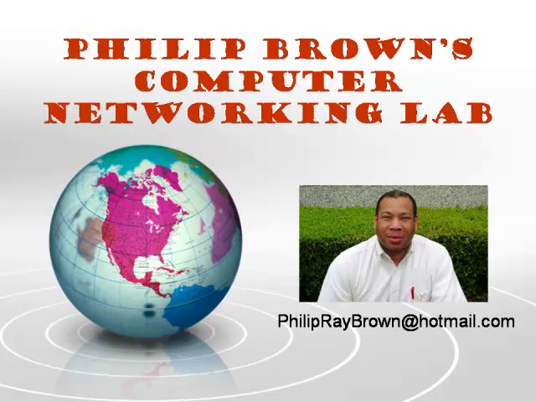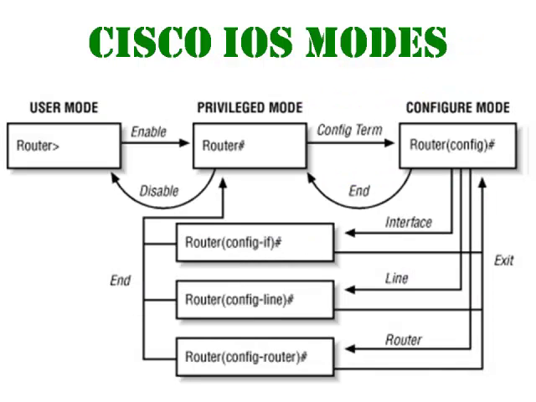You're watching the instructional video called Cisco IOS Modes. The goal of this video is to explain what the IOS system is and how you can use it to control routers and switches.